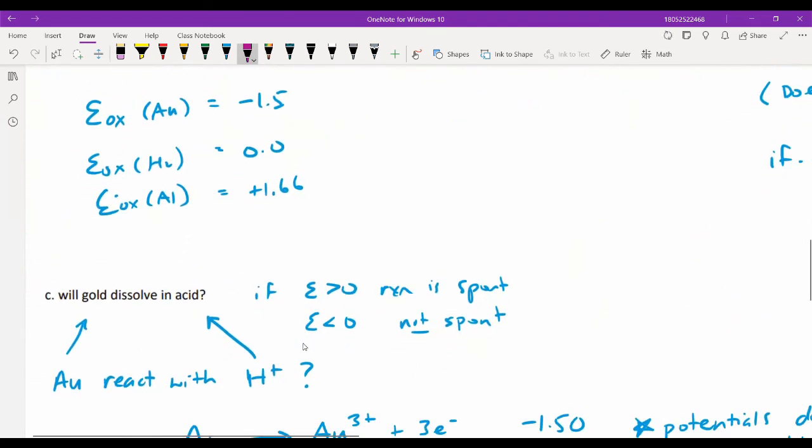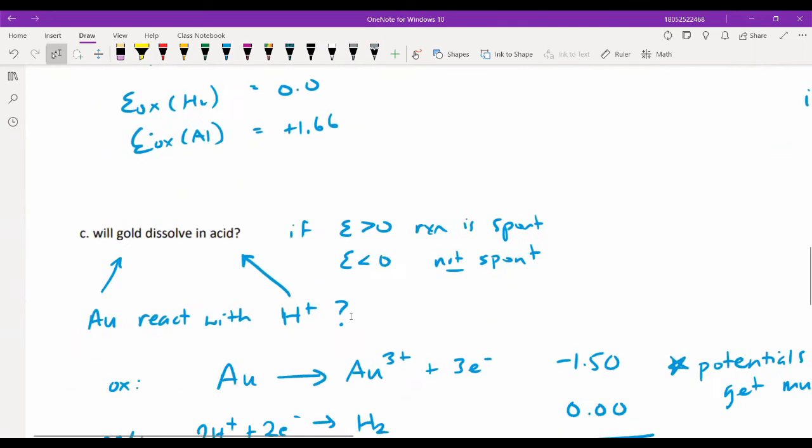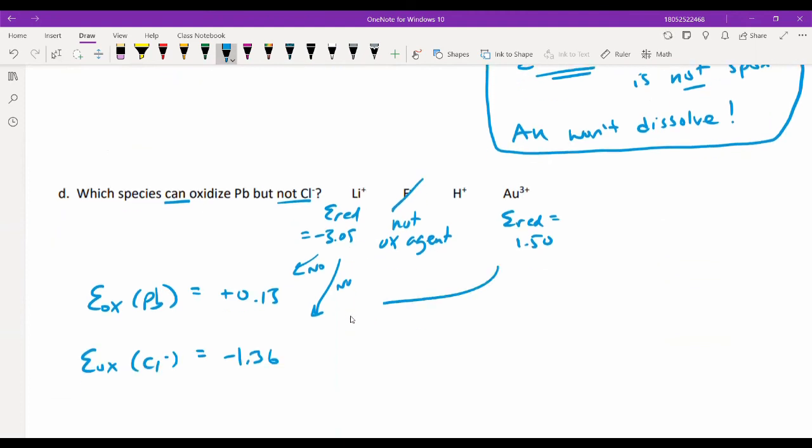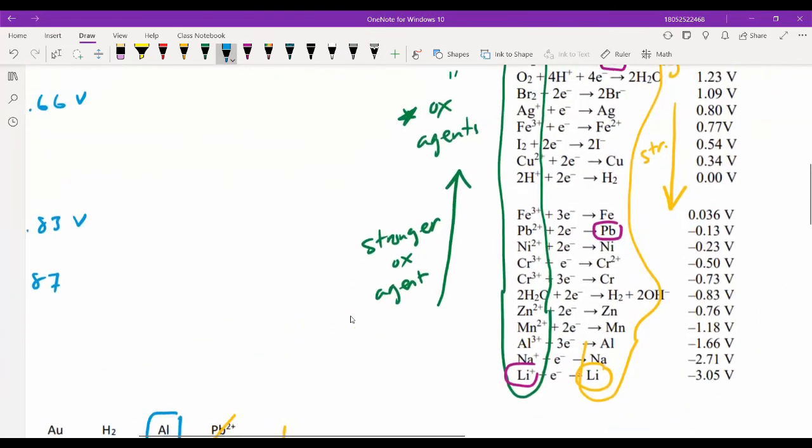Then let's look at gold 3 plus. So gold 3 plus, the reduction potential is 1.5. So if I take gold and put it with both of these, it's going to be overall positive with both of those. So the reason gold is not our answer is that gold 3 plus is a good enough oxidizing agent to oxidize both of them.